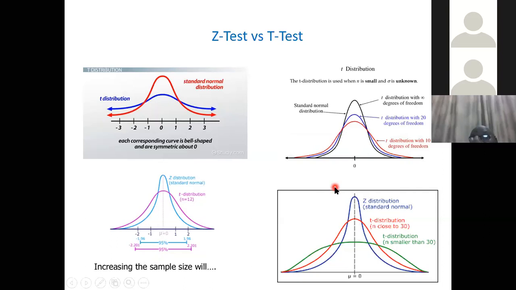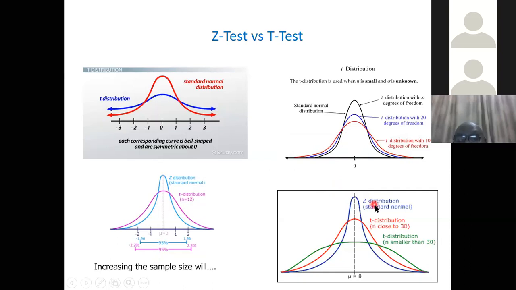Can you see the difference? We already said the T distribution is wider in base. But as the sample size increases, it will begin to narrow. When it reaches far above 30, the middle 95% will be exactly like that of the Z, 1.96. It will be exactly like a normal distribution.